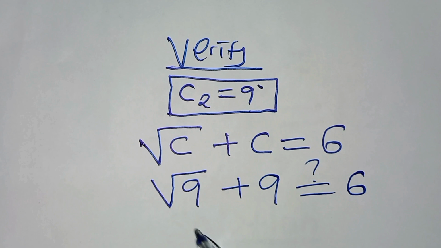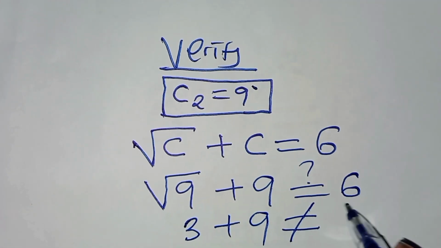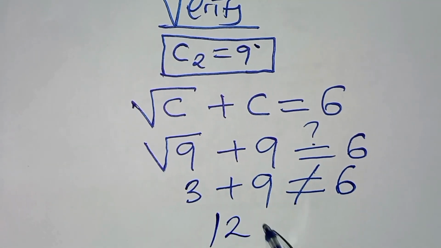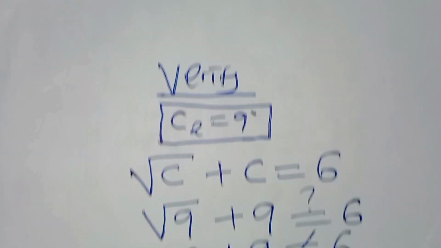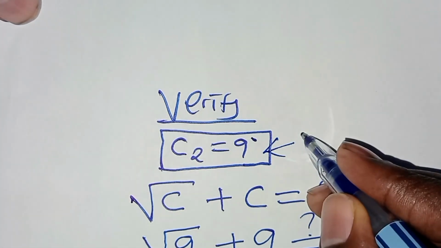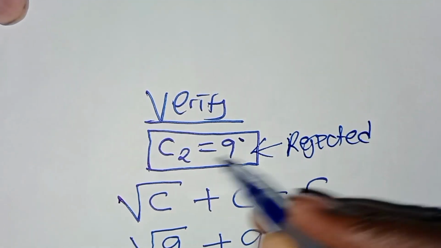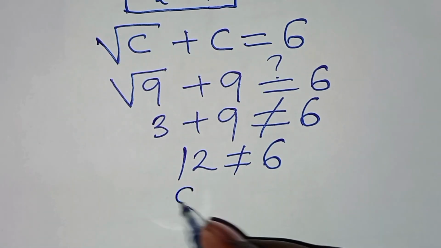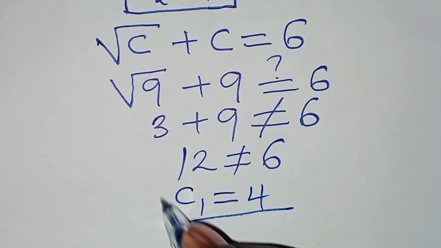The square root of 9 is 3, plus 9, and 3 plus 9 is 12, which is not equal to 6. That implies that c2 does not satisfy the equation. So c2 is rejected.